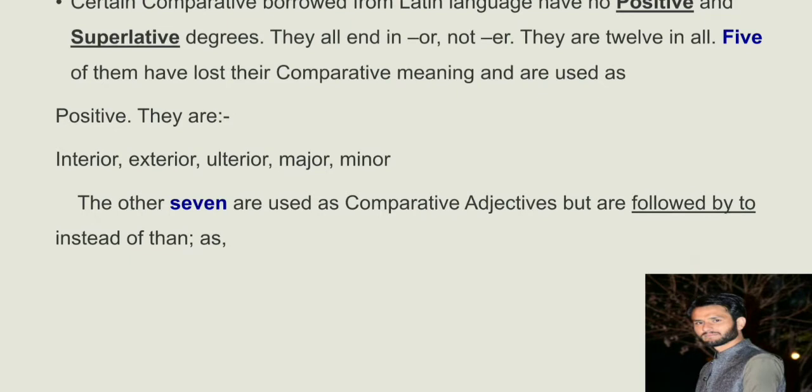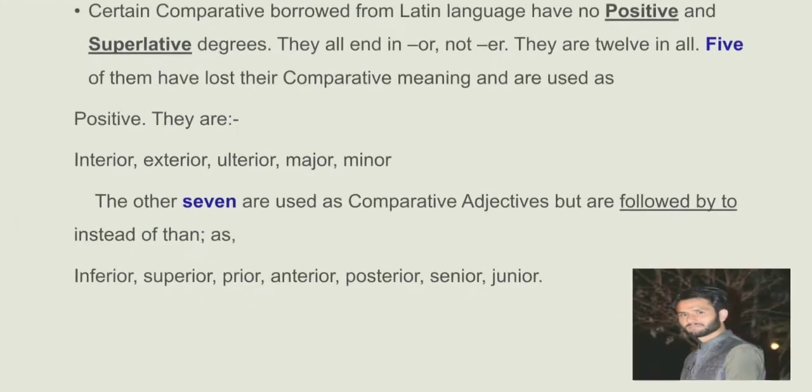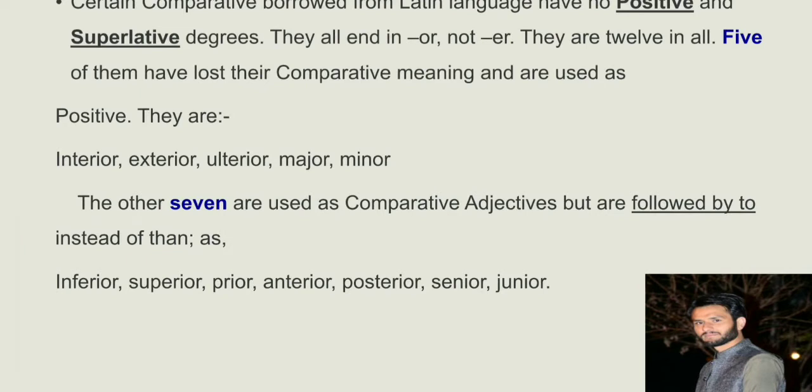The other seven adjectives are used as comparative adjectives, but are followed by to instead of than. Those are inferior, superior, prior, anterior, posterior, senior, and junior.